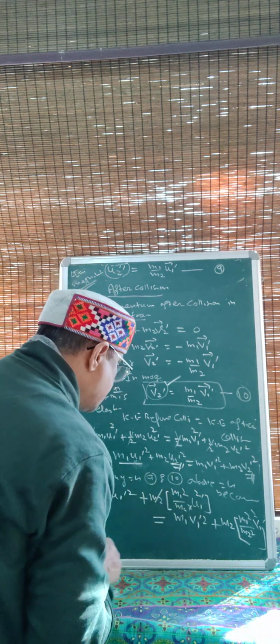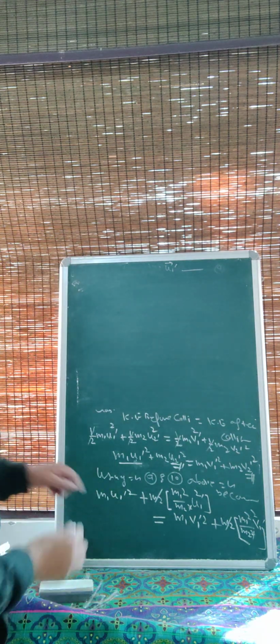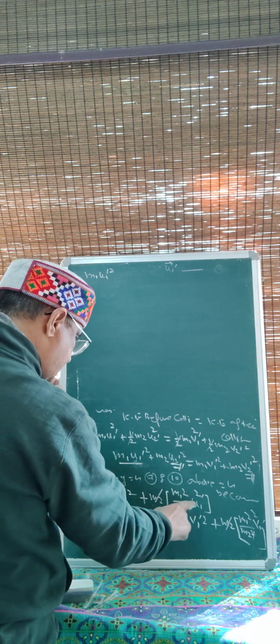Now see what gets cancelled. One m2 power will cancel and we are left with m1 u1 dash square plus m1 square upon m2 u1 dash square.